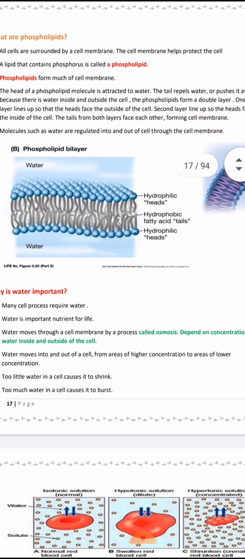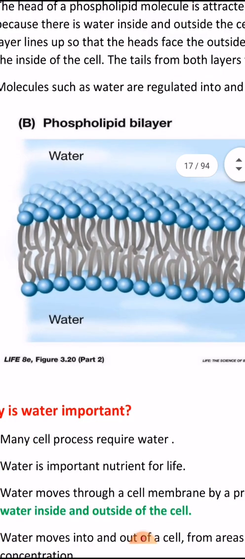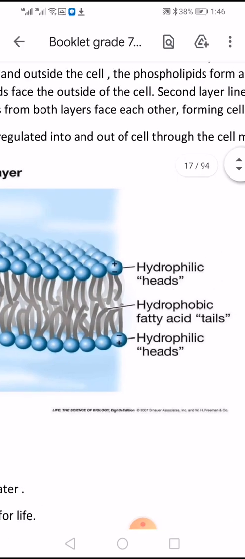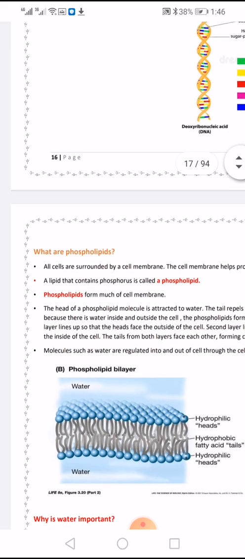So water moves through the cell membrane by a process called what? Called osmosis. And also the cell membrane is made of phospholipids. This is the structure of a phospholipid, containing head and tail. The head attracts water, which is outside the cell and inside the cell, while the tails face each other and repel water, pushing it away.